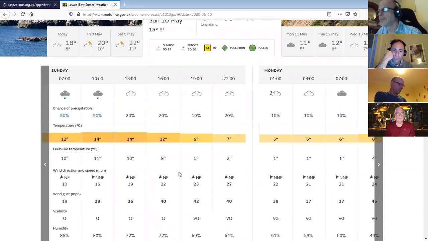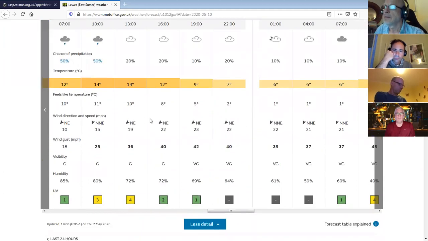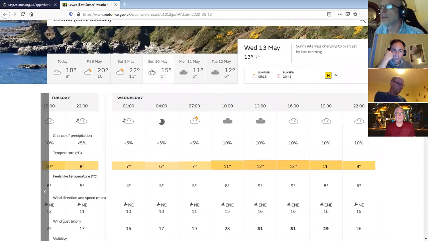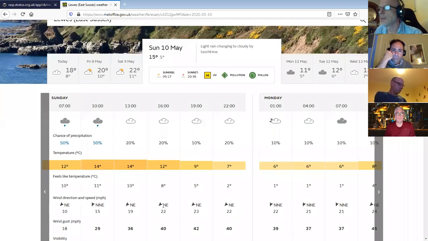Sunday we're then into much stronger winds. If we look at Sunday, Monday, we can see strong winds coming through, more overcast. Obviously Sunday morning, some rain.